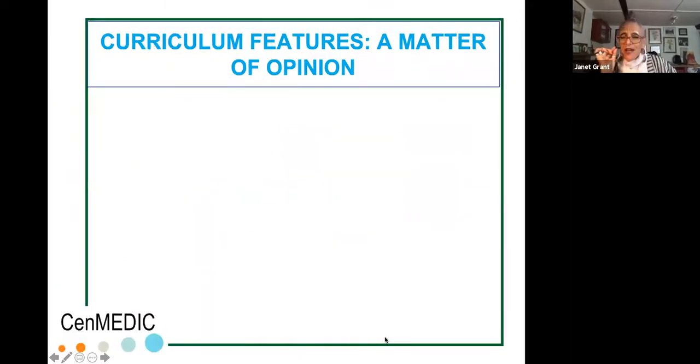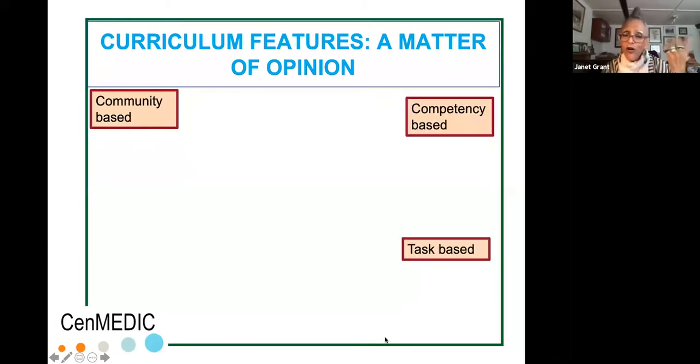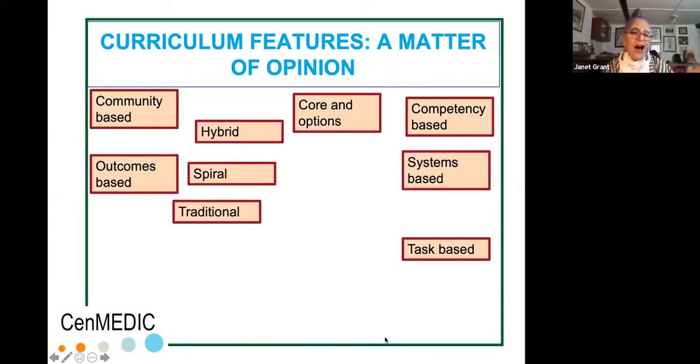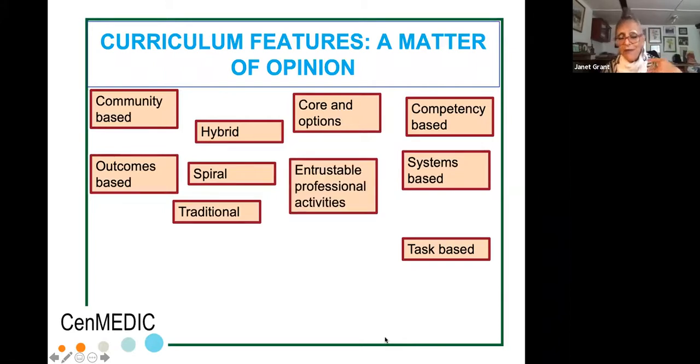The features, those decisions that you make about that curriculum that you are choosing, is a matter of opinion. As I said, there is almost no evidence base for curriculum change. There never was, there probably never will be. So it's a matter of opinion. And so we get lots and lots of different ideas about a curriculum.